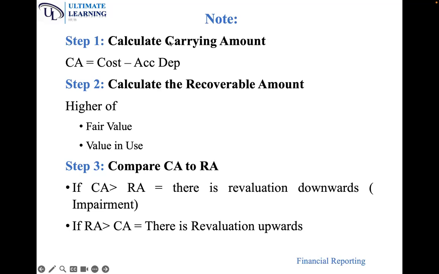But if the carrying amount is more than the recoverable amount, there is a revaluation deficit or downwards. I hope we are together. If the recoverable amount is more than the carrying amount, there is revaluation surplus or revaluation upwards, but if the carrying amount is more than the recoverable amount, there is revaluation downwards. So I hope I've answered the person who asked that question.